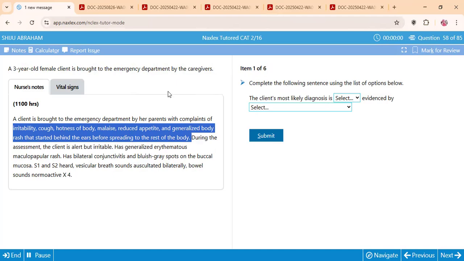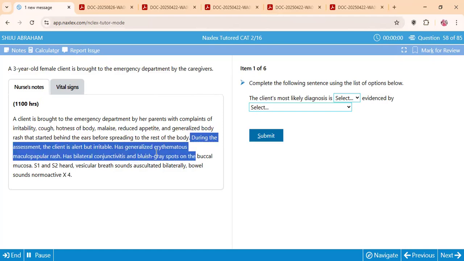From this scenario, we should understand that the child has irritability and cough, the body is hot to touch, she is fatigued, and she has no appetite. She has rashes which started behind the ear, and only after that spread to the rest of the body.